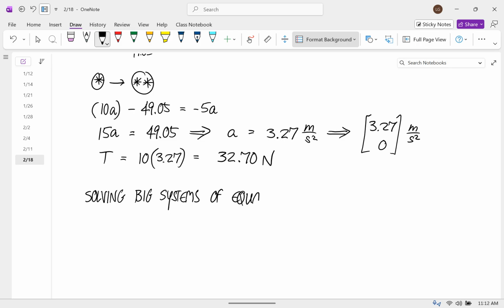I think all of your calculators have this on it, so your calculator will just do these big systems of equations for you. This is reduced row echelon form, and I think all your calculators refer to it as RREF.